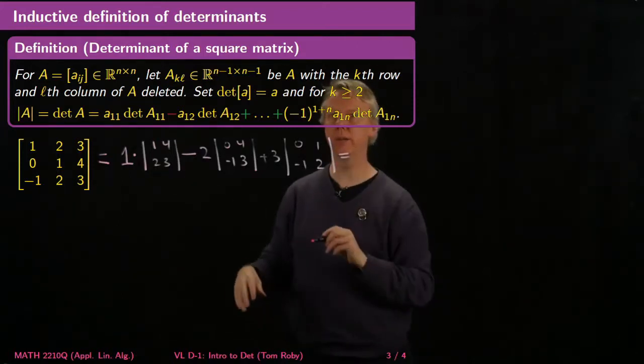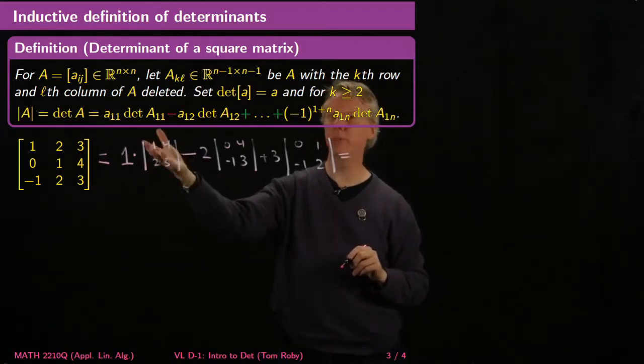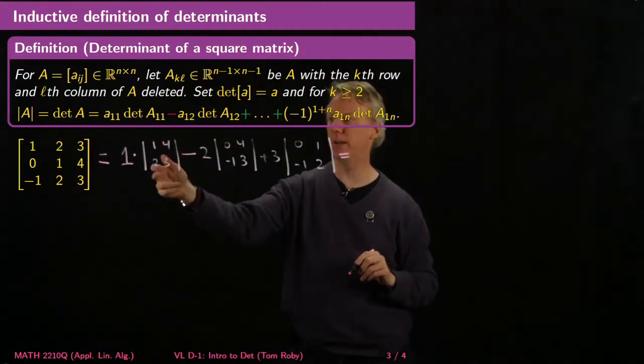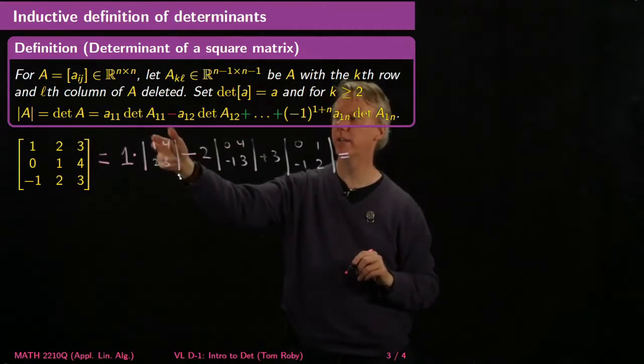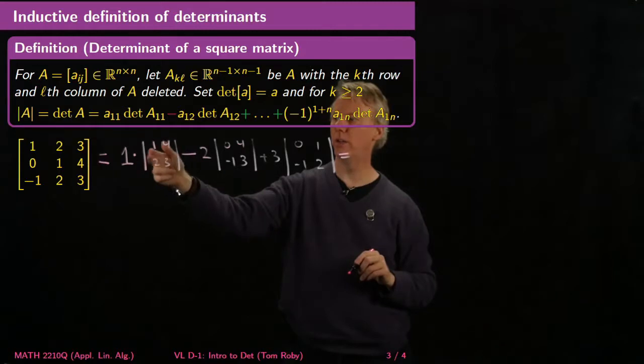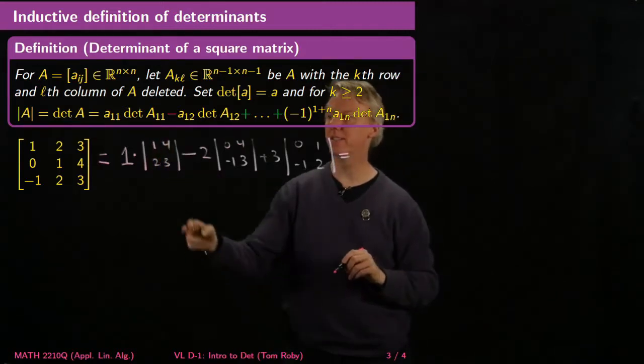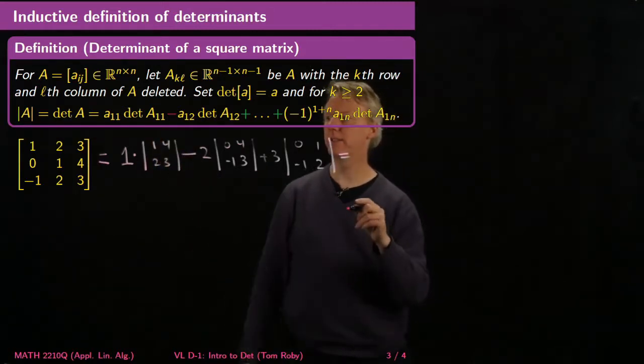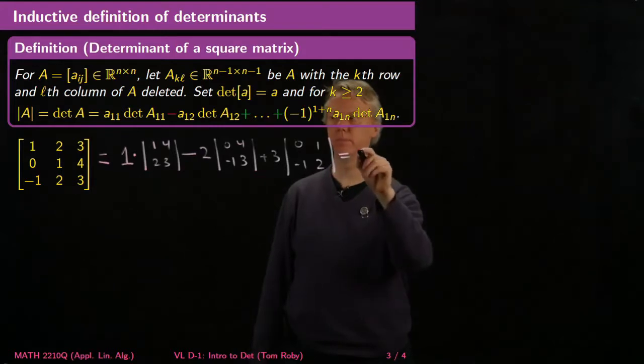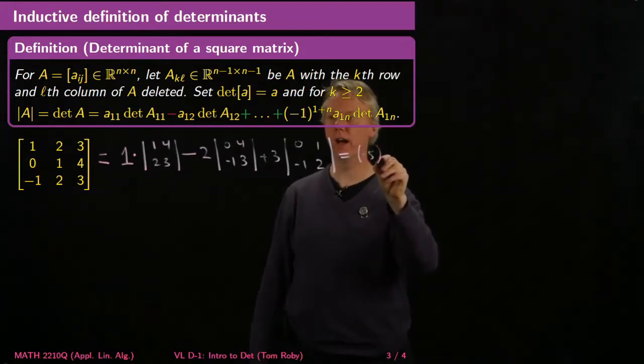OK, so what is this equal to? Well, remember for 2 by 2 determinants, it's just AD minus BC. We'll see why that's true in a second. So this is just 1 times 3 minus 8. So 3 minus 8 is negative 5, right? So this is negative 5.